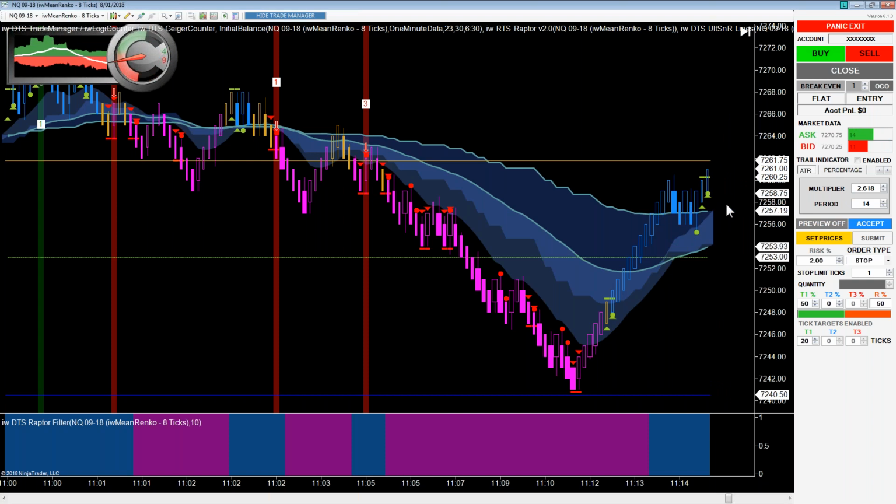This is what I would call an early number one signal, this one right here. You can see the clouds are changing direction, but they're not fully crossed yet. We have had a pullback, so we've met most of the trade requirements for a number one signal, except the clouds are not fully crossed. This is what I would call an early number one.